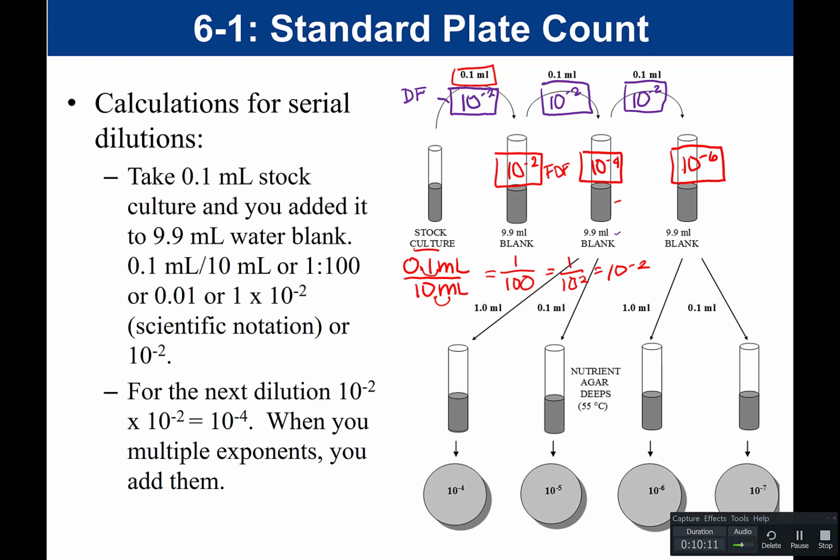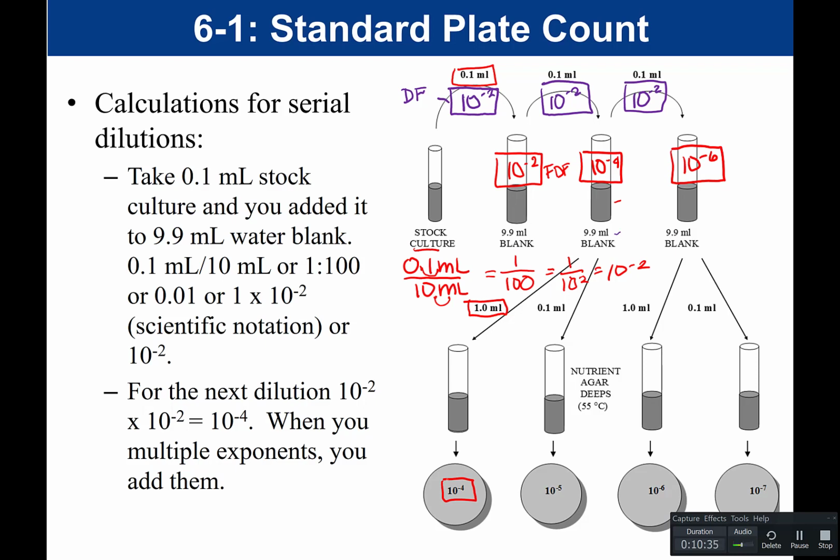Now, remember that I said that my titer is per milliliter, the number of bacterial cells per milliliter. So if I'm transferring from my 10 to the negative 4 and I'm transferring 1 milliliter, my dilution factor is still 10 to the negative 4.